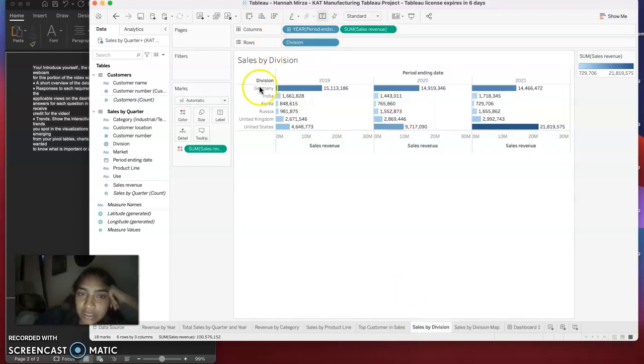Sales by division, which is by the country, is really fascinating to me because whether it's in 2019 or 2021, the difference in numbers stays the same. It stays consistent within the division. So for example, you can see that the United States had a pretty big set between all the years, except Germany was higher the entire time except 2021.